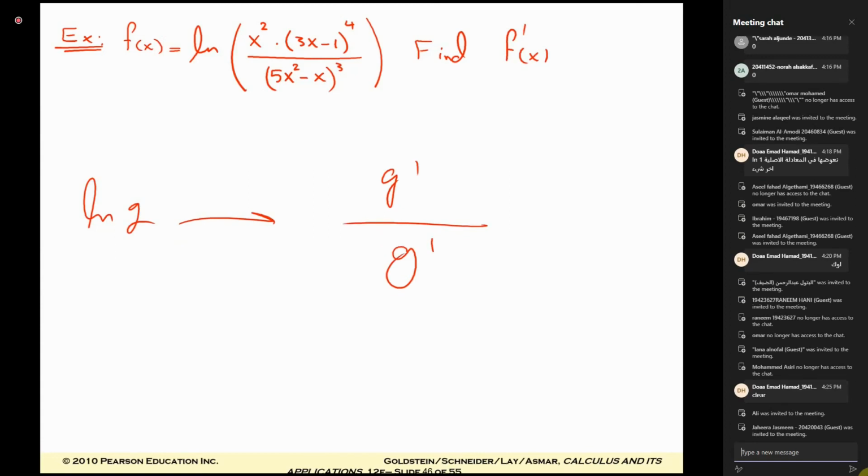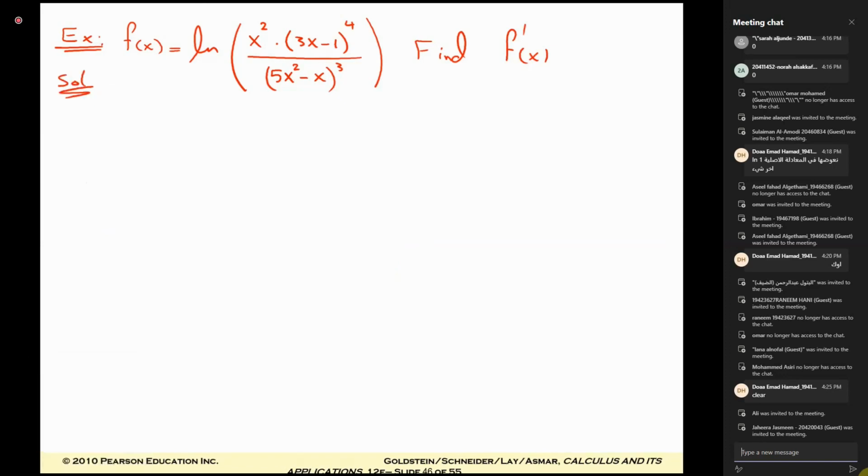In g, we have a product in the numerator and a quotient in the denominator, so we must apply the product rule, the quotient rule, and the power rule for the brackets. We have many rules we need to apply to find g prime inside the ln. Okay, so how can we find the derivative another way, one that is more simple?